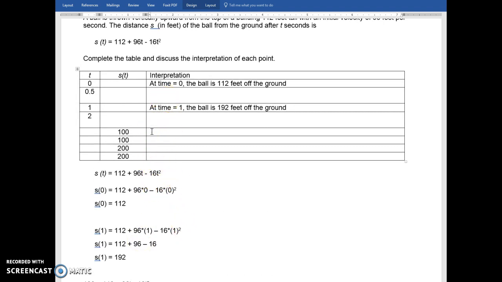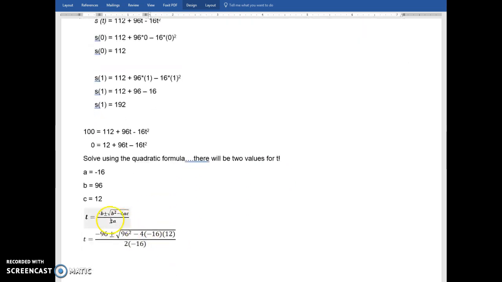And then the interpretation here will be, for instance, you're going to have one positive value for t here, and the interpretation will be simple to say the ball reaches a height of 100 feet above the ground at time equals t seconds, and that will be whatever positive value you find once you go through the math.